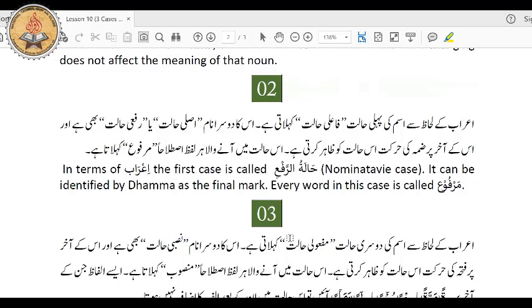If you continue revising your notes, that will be all right for you. It can be identified by Dhamma as the final mark, and every word in this case is called marfu. Marfu means the original case. When a word is in the original case, with Dhamma or Dhammatain, it is technically called marfu.